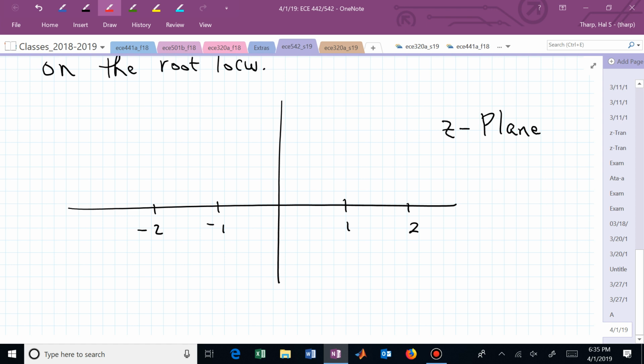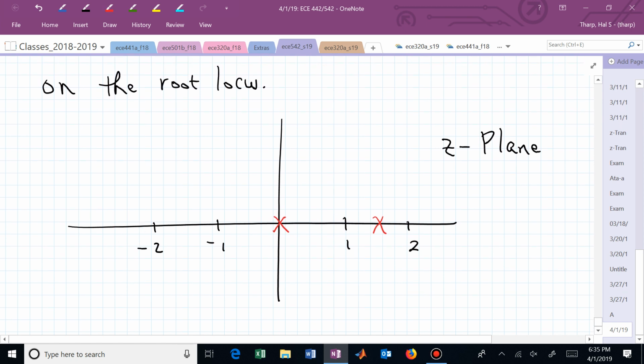In this case, your transfer function is g of z. G of z was 1 over the quantity z times z minus 3/2, which had two poles. One was at the origin, and one was at 3/2.